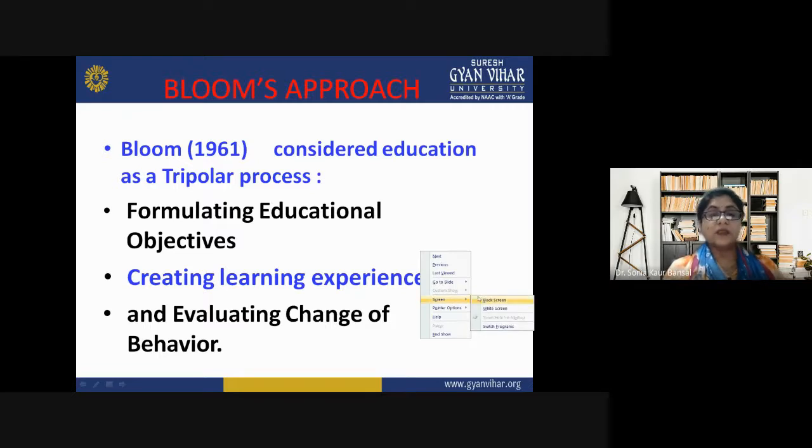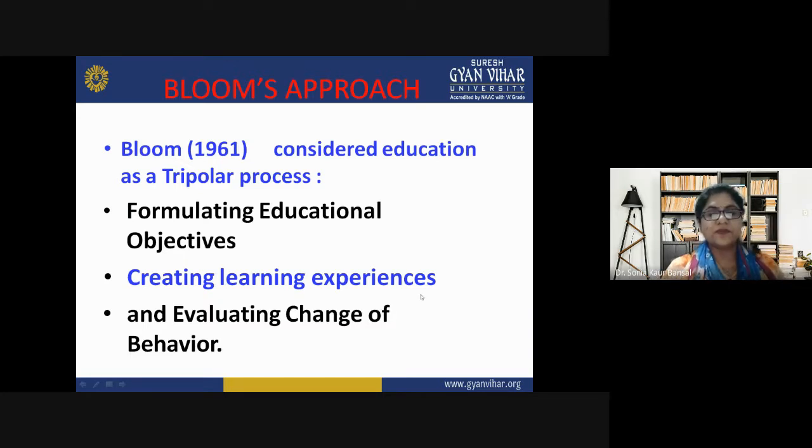First of all, let me remind you that Benjamin Bloom gave the three important domains of learning, which are respectively cognitive, affective, and psychomotor, which we have learned earlier also.